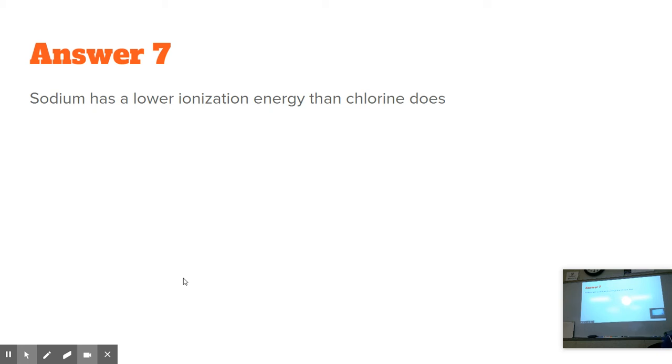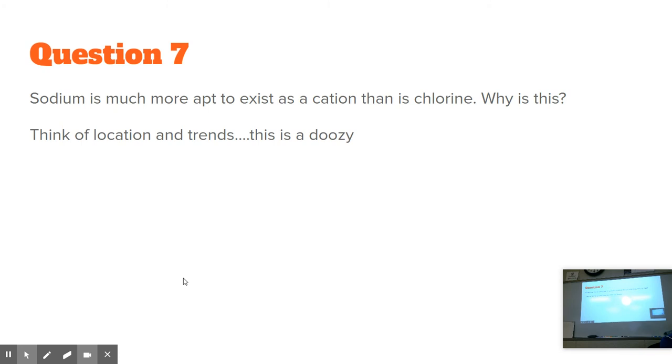Now let's flip the question around a little bit. Why would chlorine be more apt, or more likely, to exist as an anion than sodium? Well, what's the opposite of ionization energy? It would be electron affinity. Chlorine has a much larger electron affinity than sodium does.